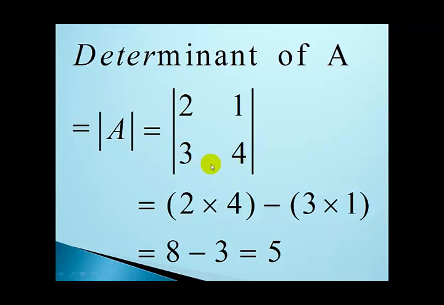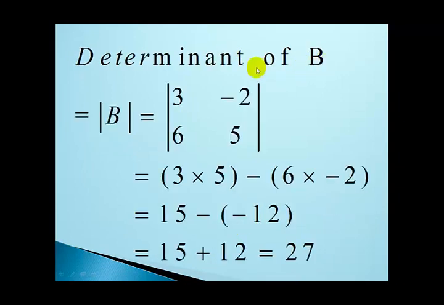Now we multiply the first element by the fourth, so we have 2 times 4 minus 3 times 1. Now 2 times 4 is 8, minus 3 times 1 is 3, and 8 minus 3 is equal to 5. That means that the determinant of A is equal to 5.